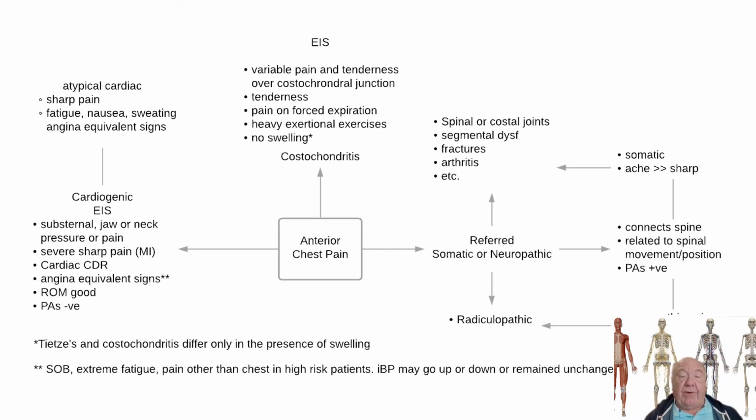It'll be lower thoracic. Anyway, looking at cardiogenic pain, the typical angina, which is an ischemia rather than an infarct, the pain is substernal and it spreads out from below the sternum, can go up to the jaw or the neck and into either or both arms. It's felt more as a heavy pressure rather than a severe sharp pain.